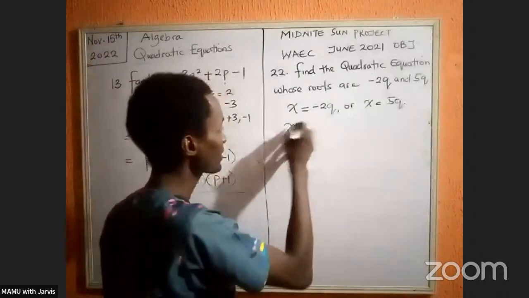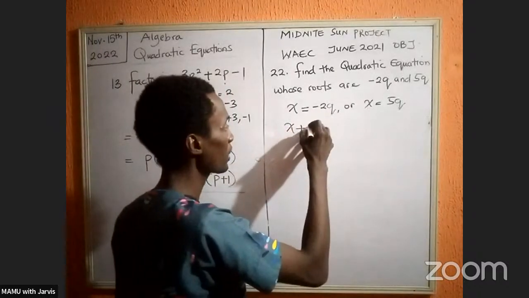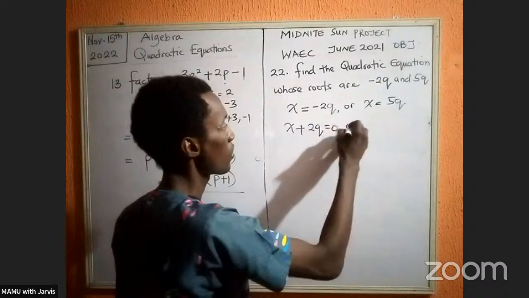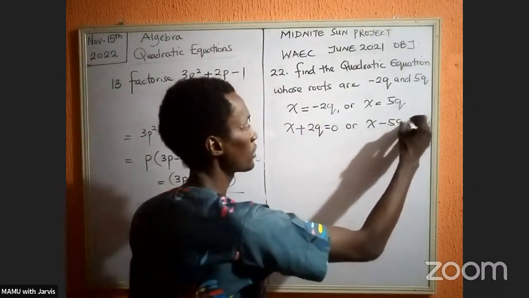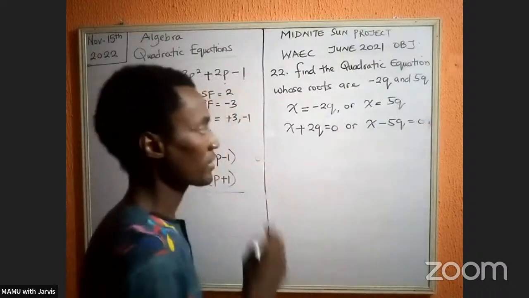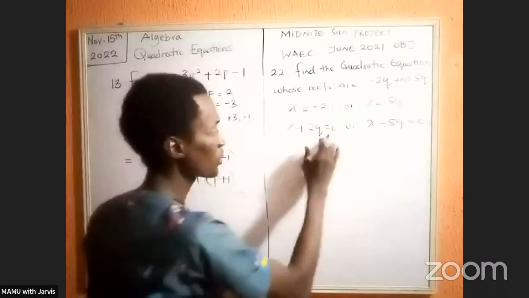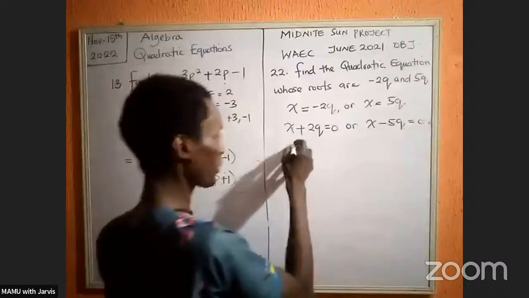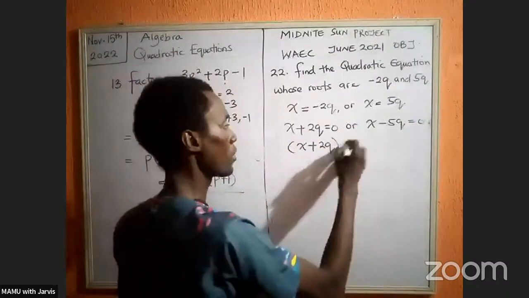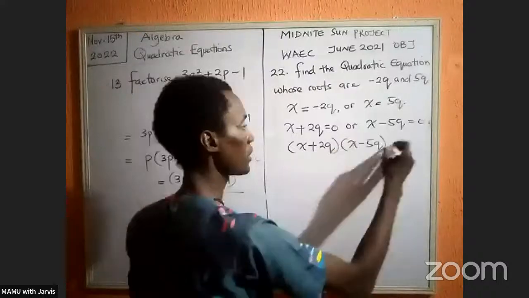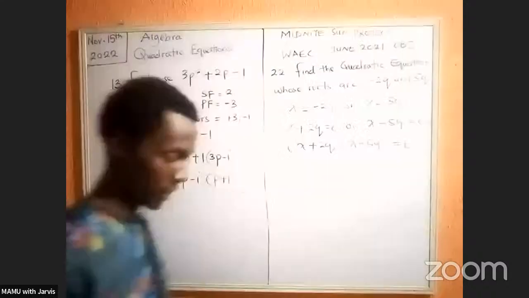It means that x plus 2q equal to 0, or what? X minus 5q equal to 0. I see that if this is equal to 0 and this is equal to 0, then I can conveniently say that x plus 2q must multiply x minus 5q, and that will be equal to what?